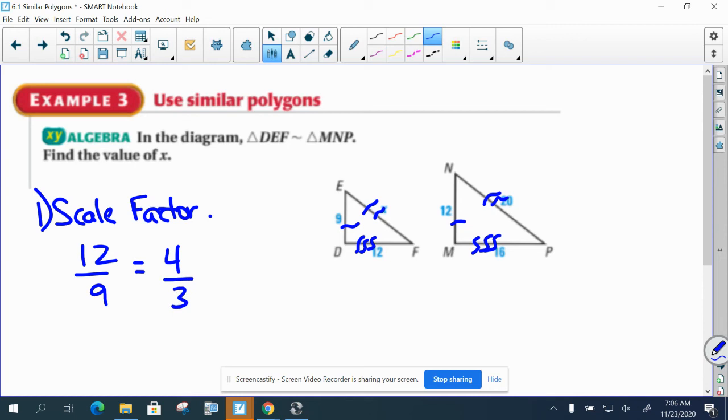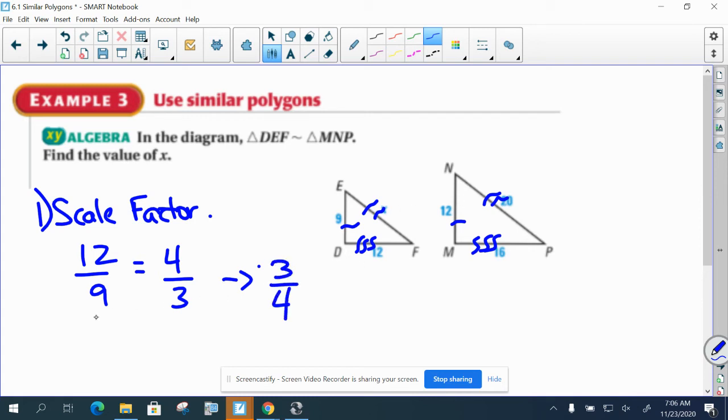Okay, so in order to find x, you would have to multiply 20 by the scale factor, but you're not going to want to multiply it by this scale factor because that would make it a bigger number, since this is a number greater than 1. So you would want to flip the fraction, so that'd be the smaller one to the bigger one.